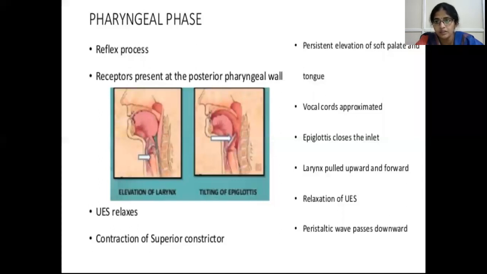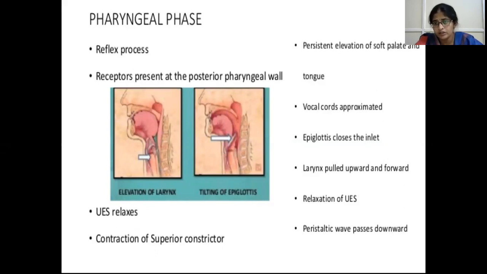The esophageal phase involves three waves: primary peristaltic wave, secondary peristaltic wave, and tertiary peristaltic waves. The upper one third of the esophagus consists of striated muscle. The lower two thirds of the esophagus consists of smooth muscle. The primary peristaltic wave is controlled by the enteric nervous system.